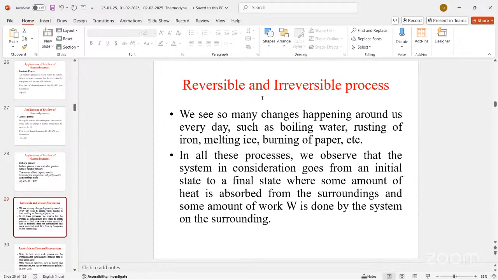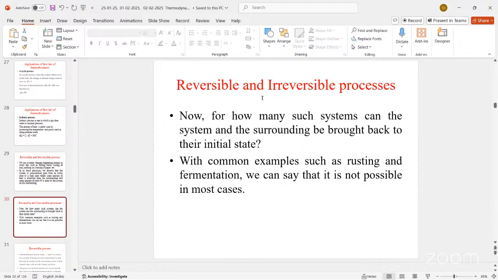Okay, these are the reversible and irreversible processes. In reversible and irreversible processes, the question is whether the system and surroundings can be brought back to their initial state. For example, with a common example such as rusting, we can say that it is not possible in most cases.